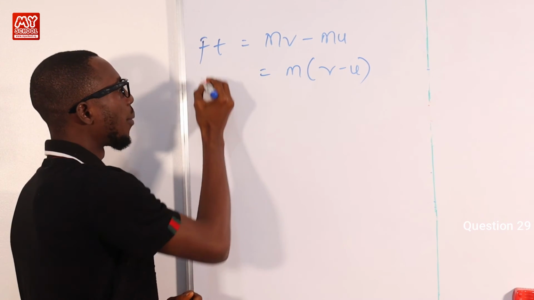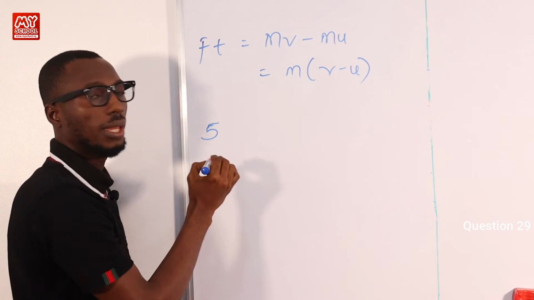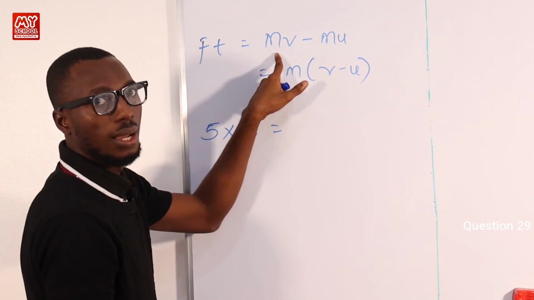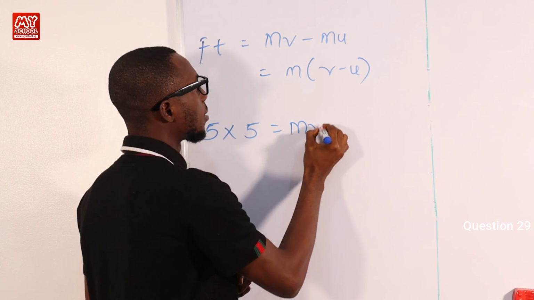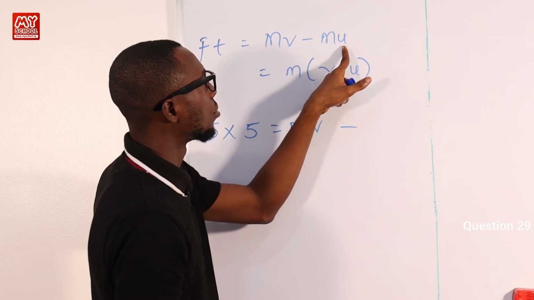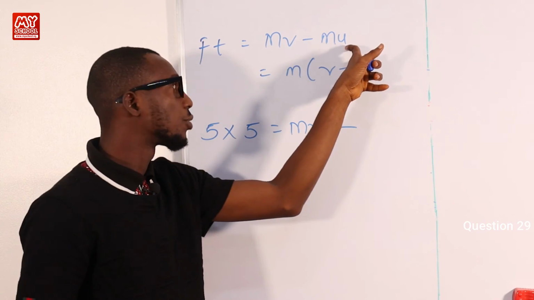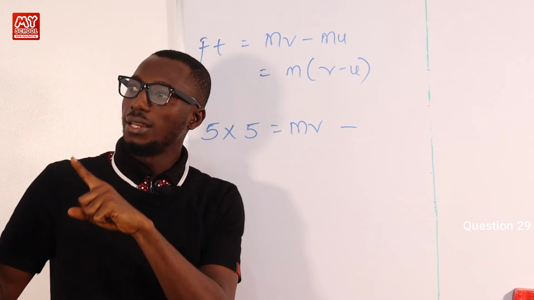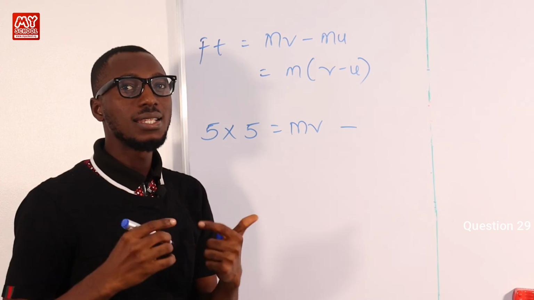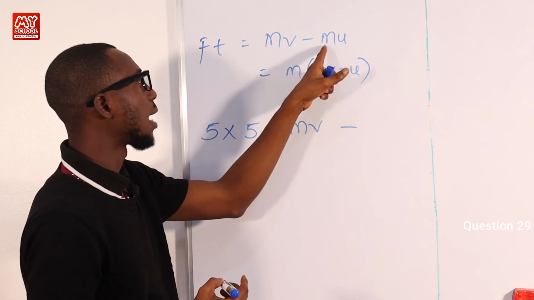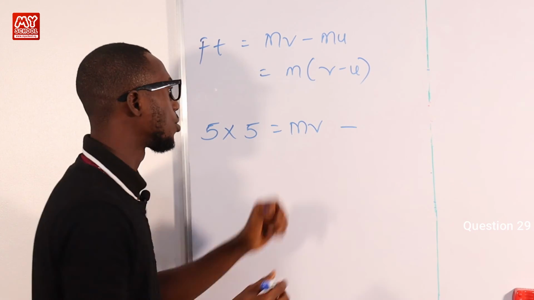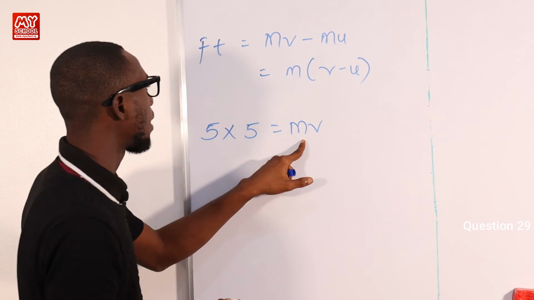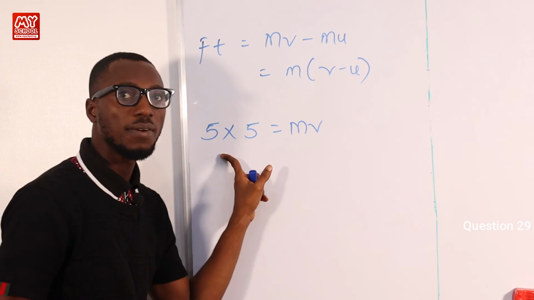We have our force as 5 Newton, times the time given, that is 5 seconds, equals mv minus mu. We are given information from the question that it's initially at rest, and that implies u is 0. So 0 times m is 0. So we just have mv, which represents our final momentum. So our final momentum equals 5 times 5.